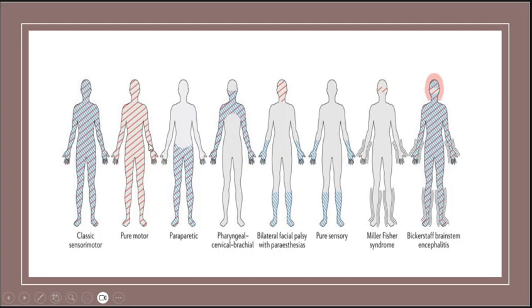This is the pictorial representation where classical sensory motor and pure motor start with ascending paralysis, whereas the pharyngeal, cervical, or brachial facial variants tend to have pseudo descending paralysis.